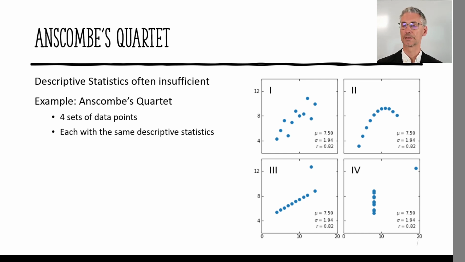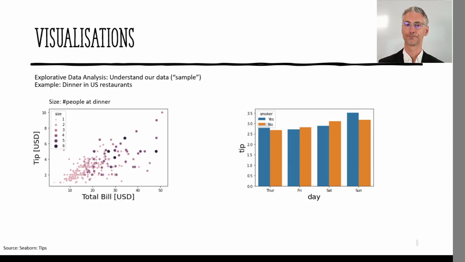So 1 is scattered about, 2 is like a parabola, 3 is a straight line but with an outlier, and 4 is also a straight line with an outlier but in a different way. And if you look at the mean and the variance in particular from all of these data, you can see that they're all exactly the same. So using the mean and the variance is a good way to briefly characterize our data set, but it's not sufficient to actually describe it.